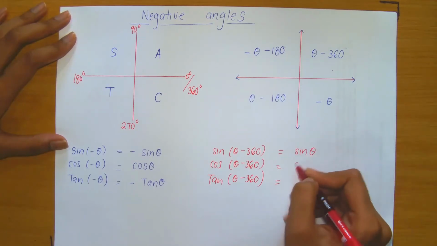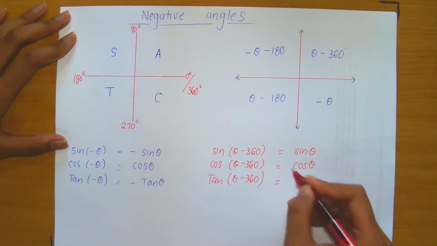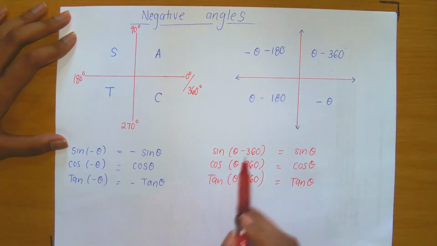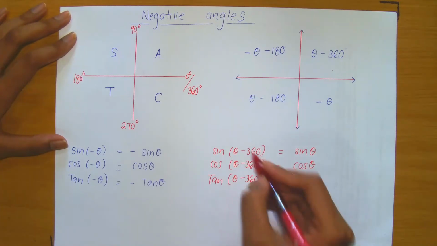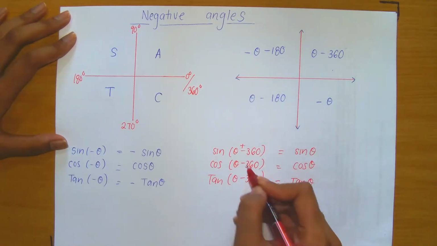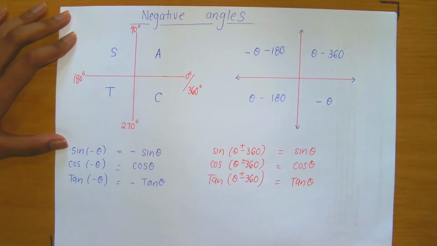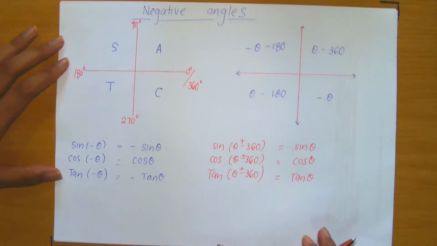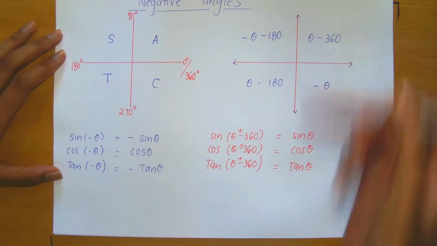So this is sine theta, this is cos theta, and this is tan theta. But observe that whether this was theta minus 360 or theta plus 360, we would have gotten back the same answers. Right, so this was also covered with you previously. Then we've got the other 2 quadrants to deal with.